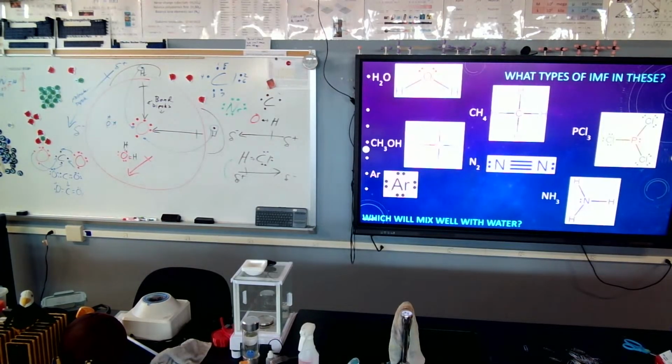Non-polar, non-hydrogen bonded. That one, what about NH3? It's not hydrogen bonding, right? I mean, it is hydrogen bonding. It's actually polar. Yeah, but it's still hydrogen bonding. Polar molecule.